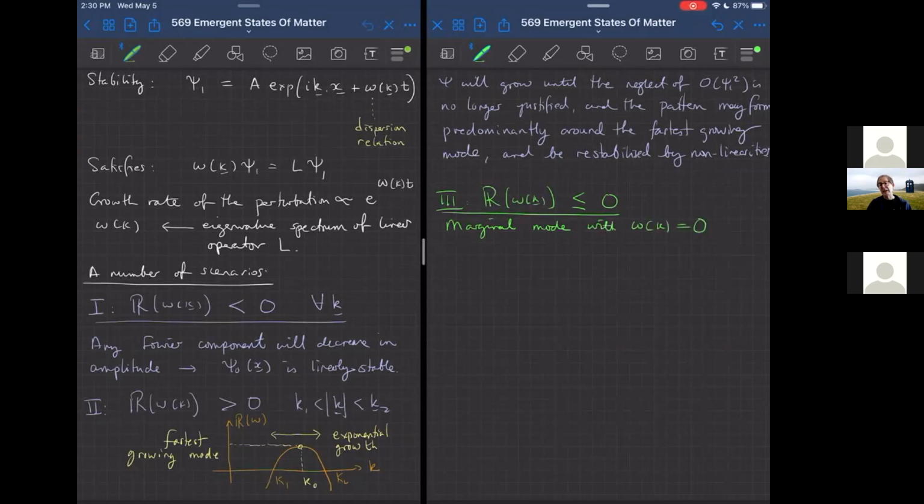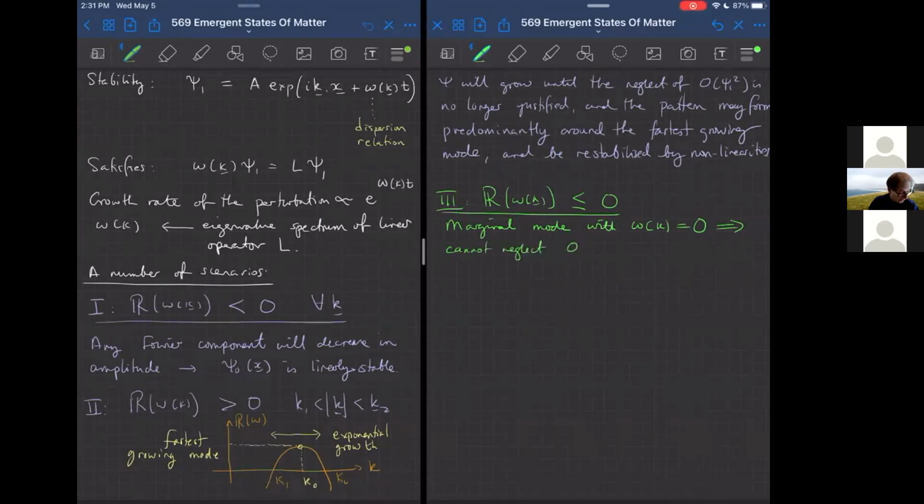That means your differential equation doesn't have this linear term, omega psi 1, so you cannot neglect order psi 1 squared, and you have to look at the nonlinear stability. We're not going to be talking too much about that.